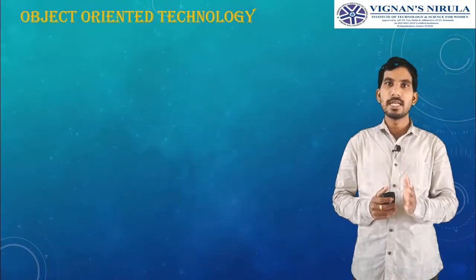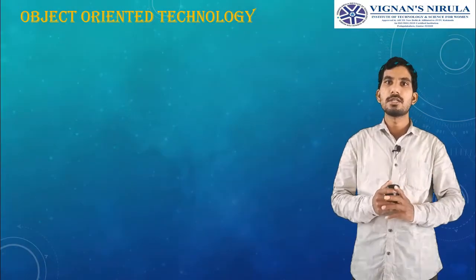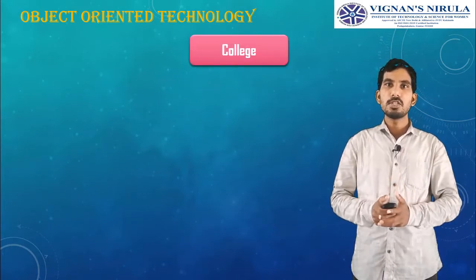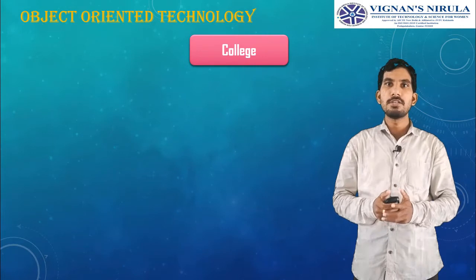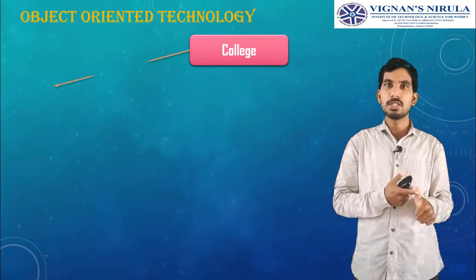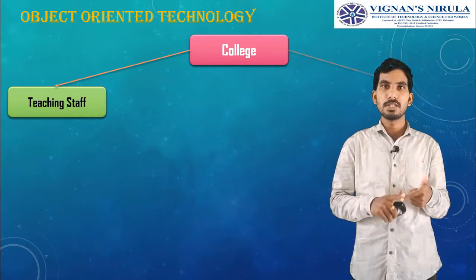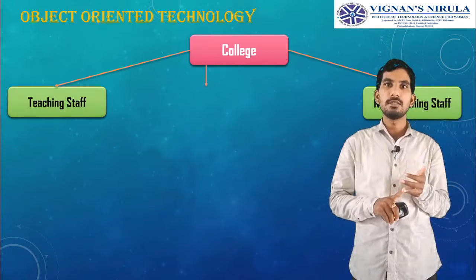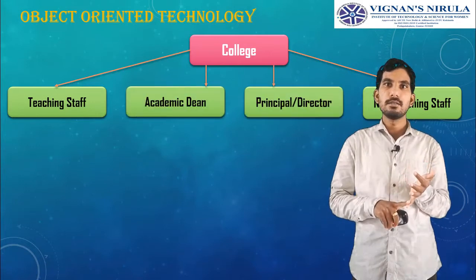Let us take an example, an institution. An institution means a college, and it maintains different working sections: teaching staff, non-teaching staff, principal, academic dean, R&D dean.